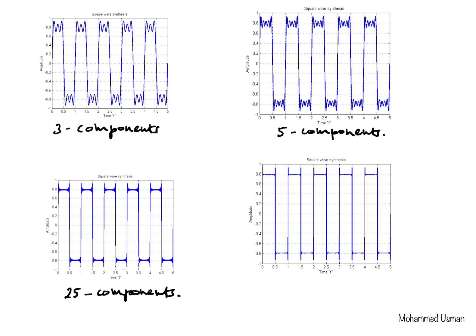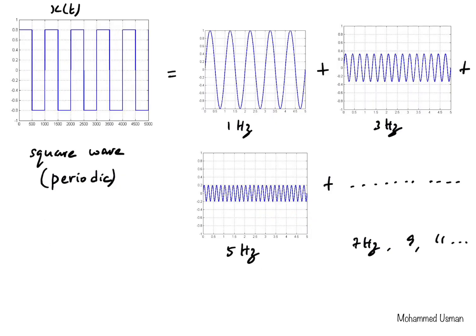And the last one here at the bottom right is a square wave synthesized using 250 frequency components. So what we see is that as we add more and more terms to the series, we get a much better representation of our original signal.